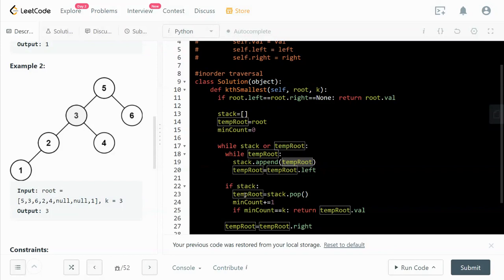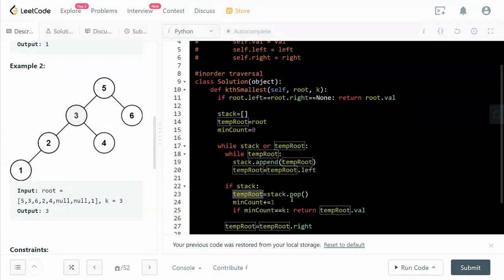The rule for a stack is last in, first out, so the element that was pushed in last will be this node right here, right at the bottom, which we have to deal with first.